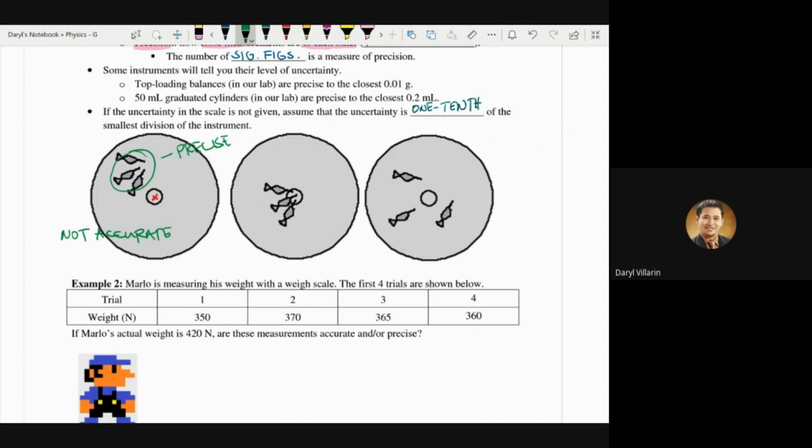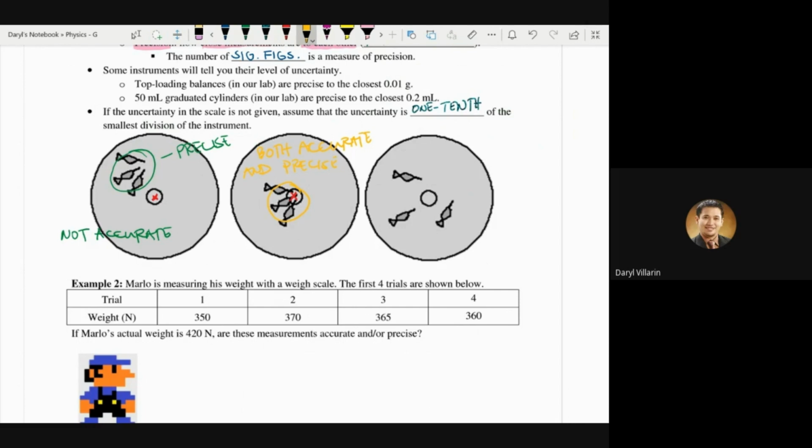The second one, if you can see here, all of your darts are inside that bullseye mark. So in this particular case, it's actually both accurate and precise. That means this is your ideal situation here. You need to hit the bullseye, and every time you try again, you get the same value, the bullseye.